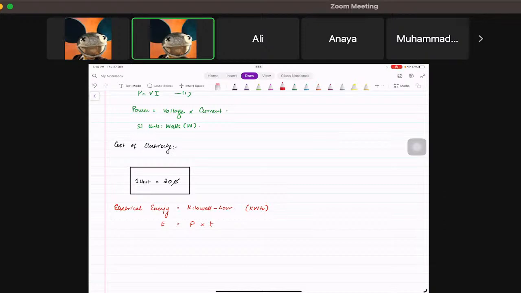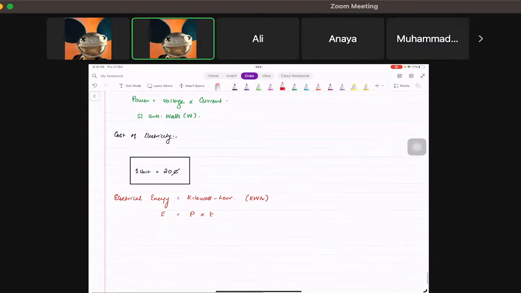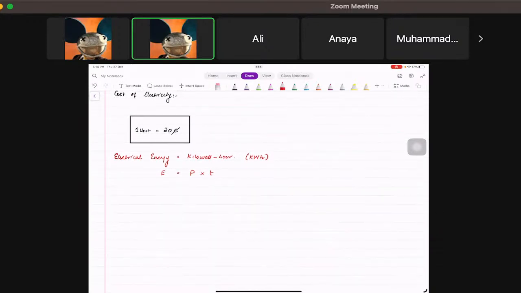Now check this out, please. So, suppose an electrical heater runs at 220 volts and takes 13 ampere current.